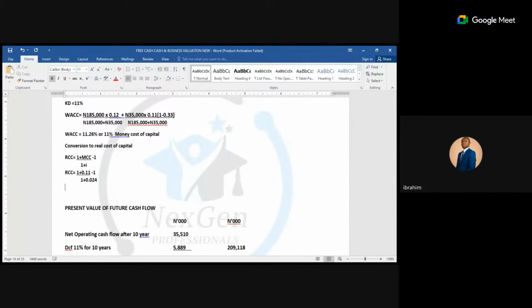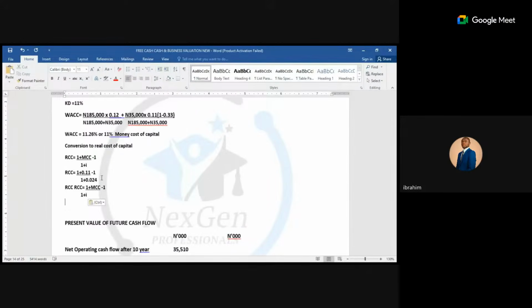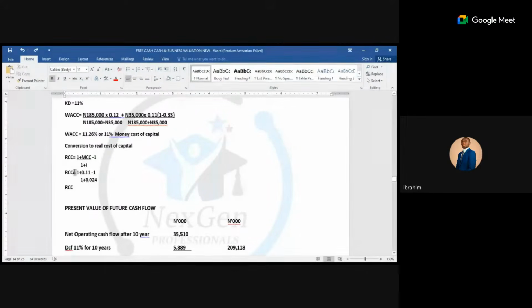What is the real cost of capital? Class, what is the real? 0.0839, that is 0.084.